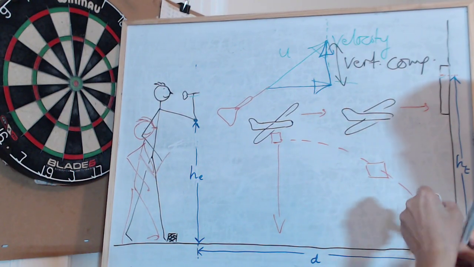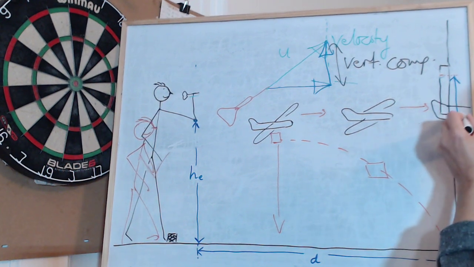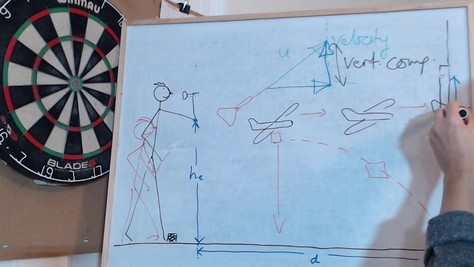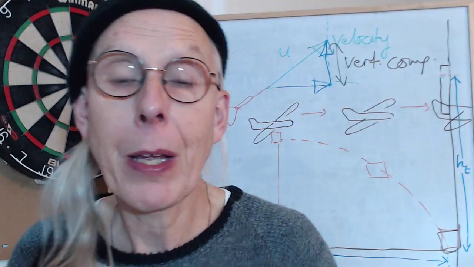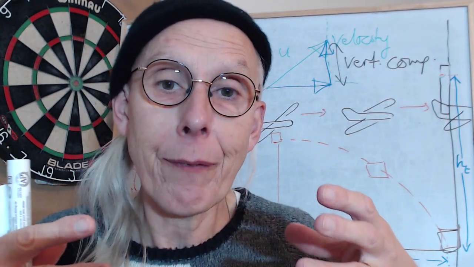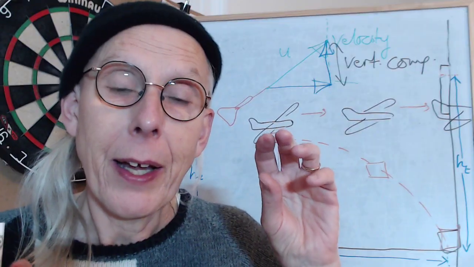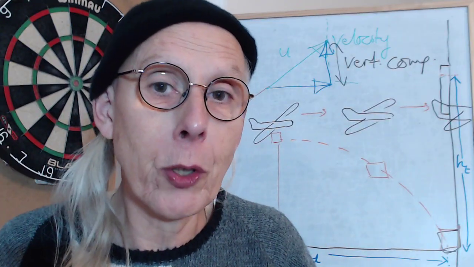So if the plane was over here, then when it finally leaves the whiteboard, the box, whoops, the box is red, the box stays underneath the plane because that horizontal component of the velocity is just going to stay the same because there's no forces acting on it. Newton's first law.